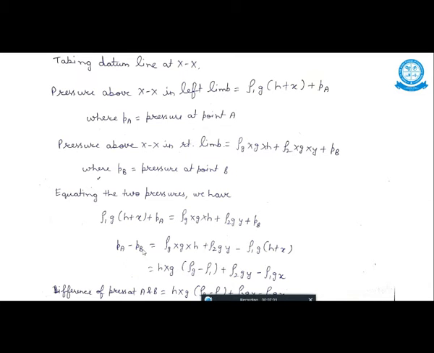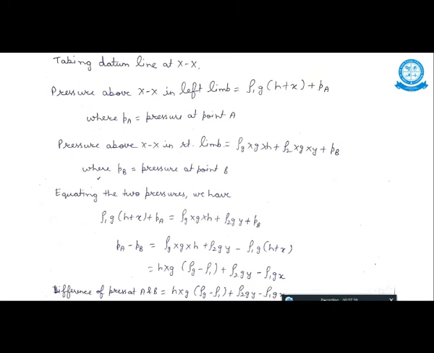Pa minus Pb is equal to, this term will be taken to the right side. So rho g into h plus rho 2 into g into y minus rho 1 g in bracket h plus x. So it is equal to h into g in bracket rho g minus rho 1 bracket complete plus rho 2 g y minus rho 1 g x.